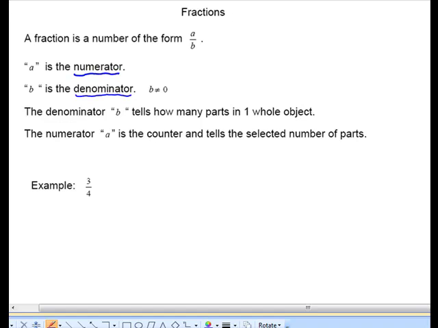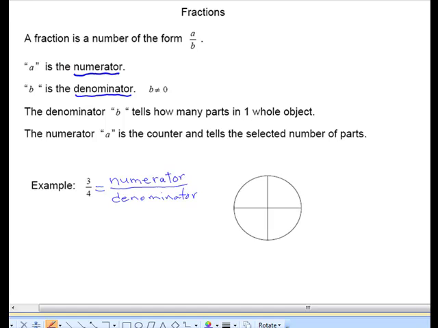Let's look at an example. For 3/4, the 3 is the numerator, and it will tell us to pick 3 parts. The 4 is the denominator, and it will tell us how many parts in one whole object.